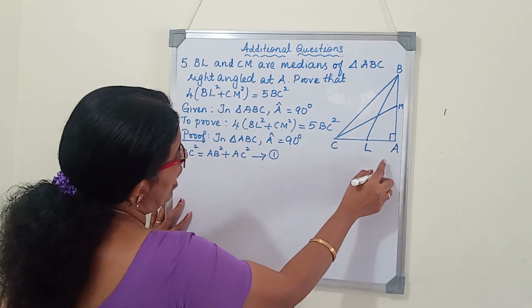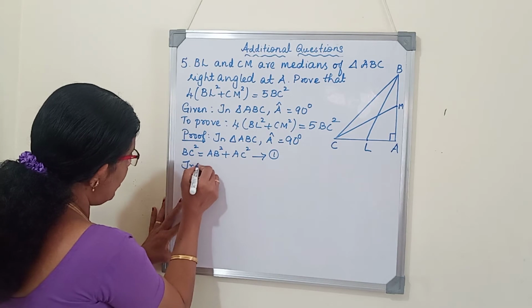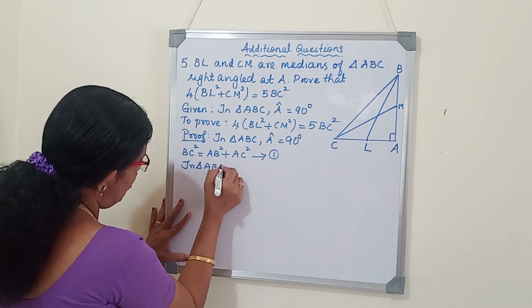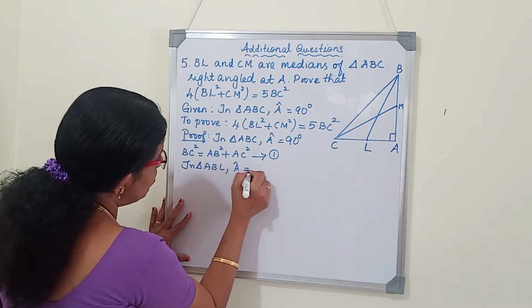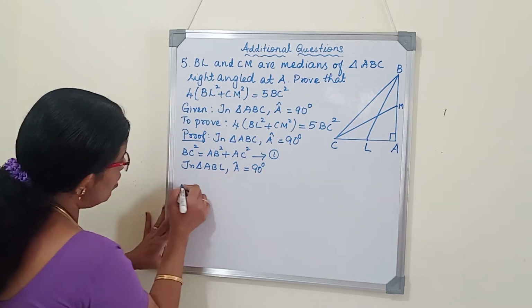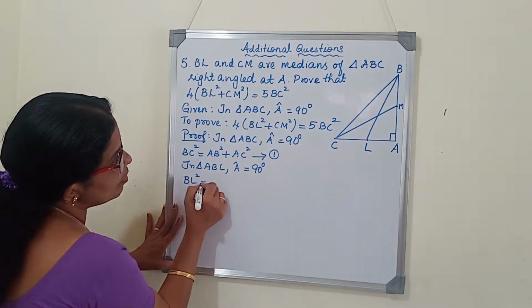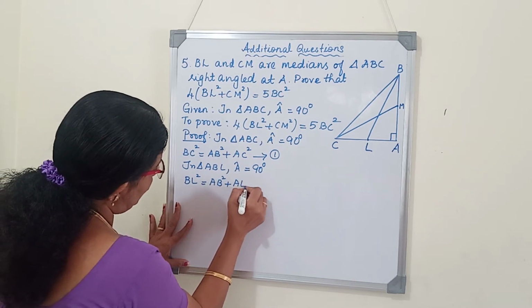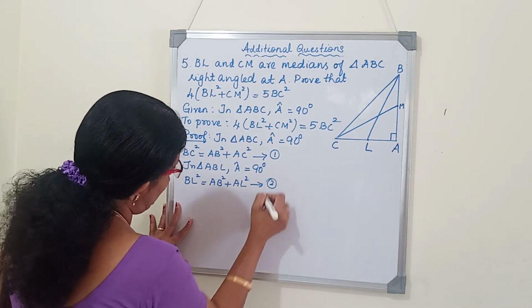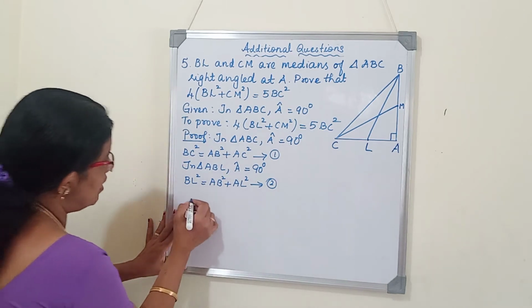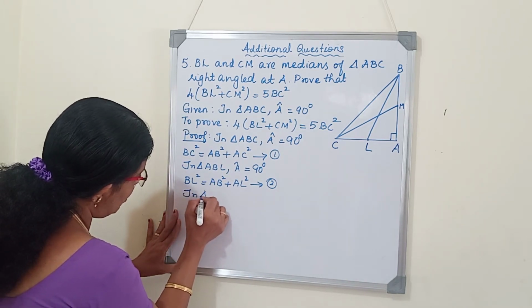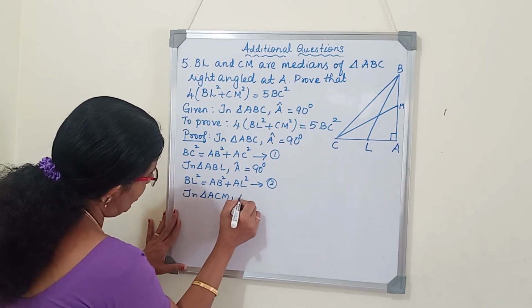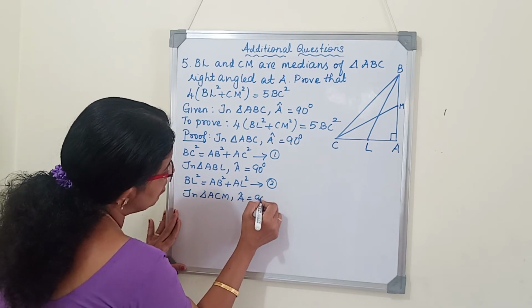Next, triangle ABL. In triangle ABL, angle A is 90 degrees. Therefore, BL square is equal to AB square plus AL square. Equation 2. In the third triangle ACM, angle A is 90 degrees.